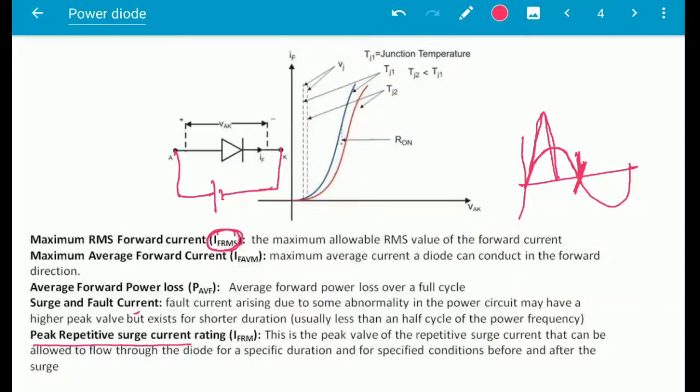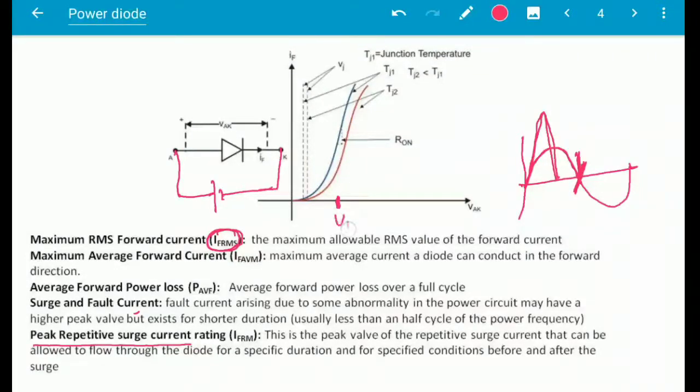And then temperature. If junction temperature increases, then earlier conduction is allowed. That means if at normal room temperature, at this point, at this voltage the current conduction occurs.